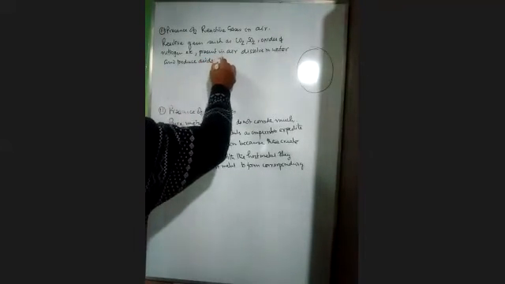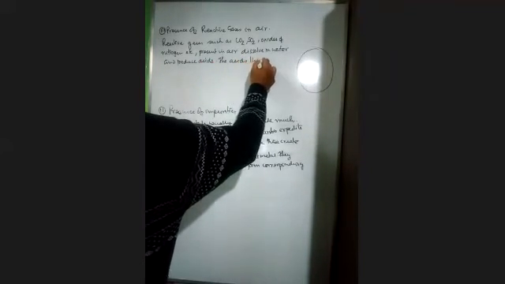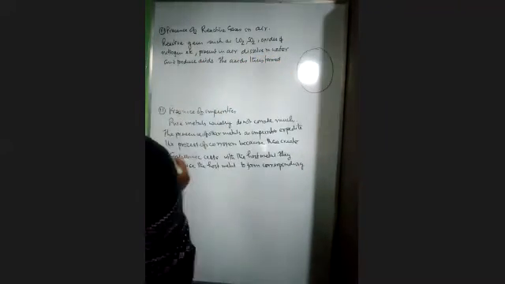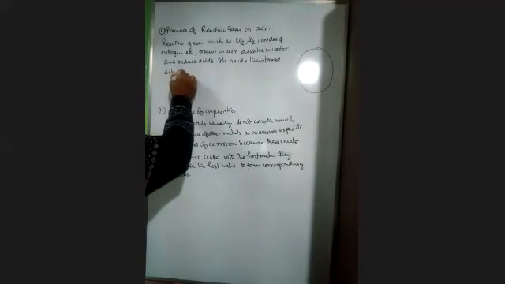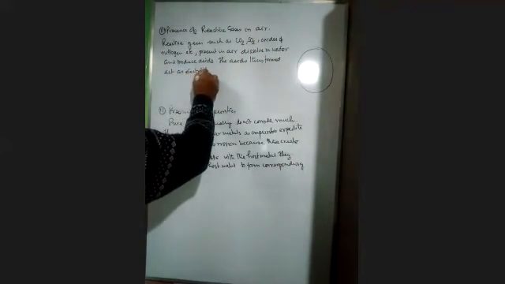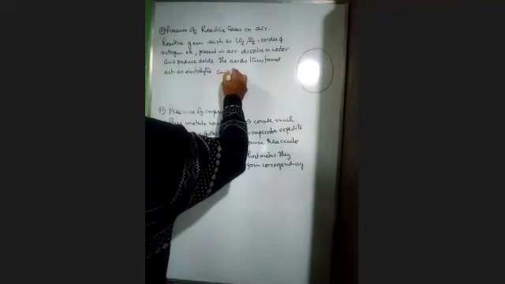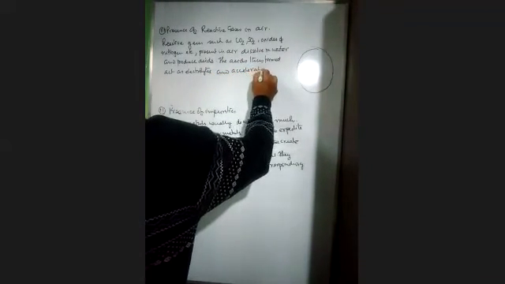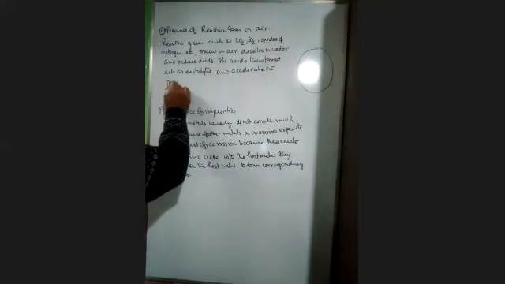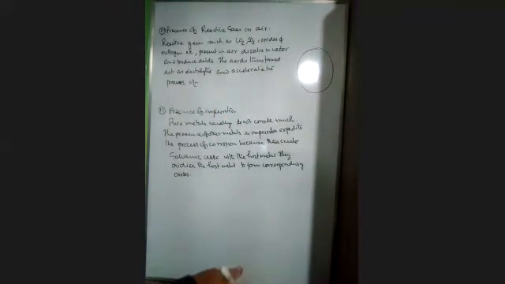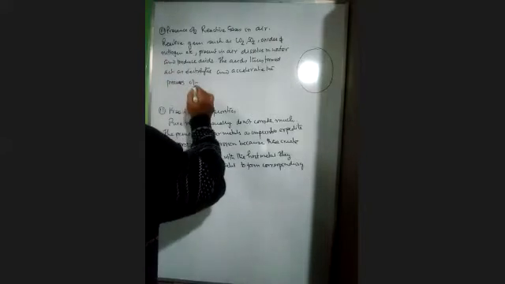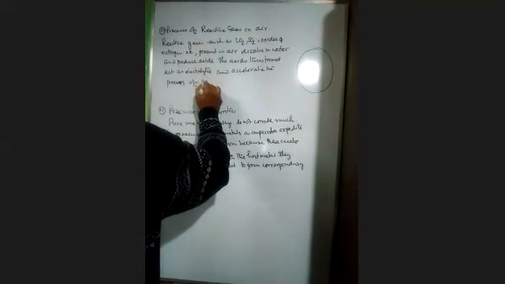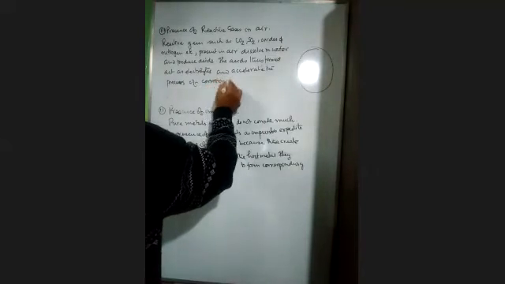The acids thus formed act as electrolytes and accelerate the process of corrosion. This word you will not understand now, but just after 5 minutes I'll explain, then everything will be as clear as crystal. So nothing you have to mark up. Okay.